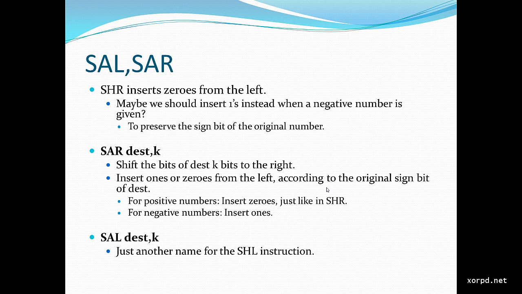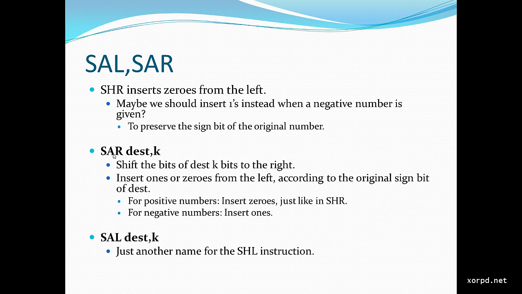So let's take a look at the shift arithmetic right instruction, which is also known as SAR. It shifts the bits of dest k bits to the right, and it does something else in addition. It inserts ones or zeros from the left according to the original sign bit of dest. That means that for positive numbers, we insert zeros, just like in shift right.